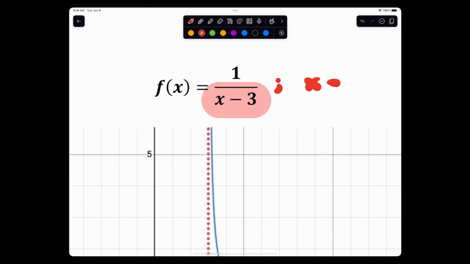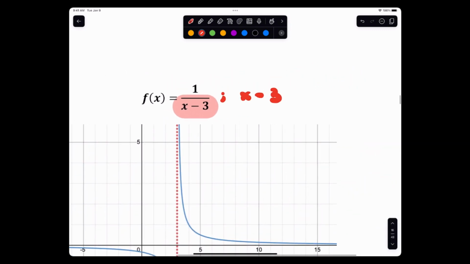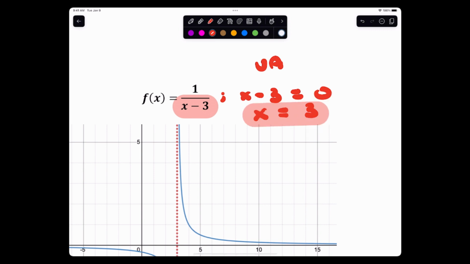That means x minus 3 equals what? 0. It's where your denominator equals 0. Is that right? When you have a rational function, what does that mean about the value of x if you solve for x? That means x equals 3. It means you have a vertical asymptote at that location. Okay, you guys okay with that?